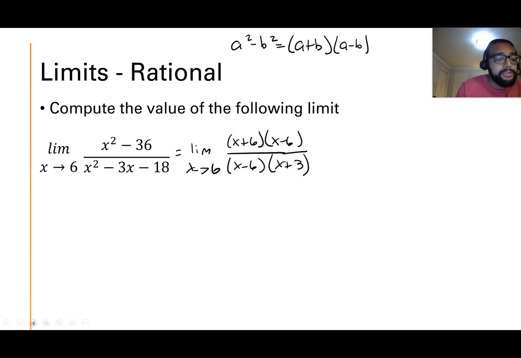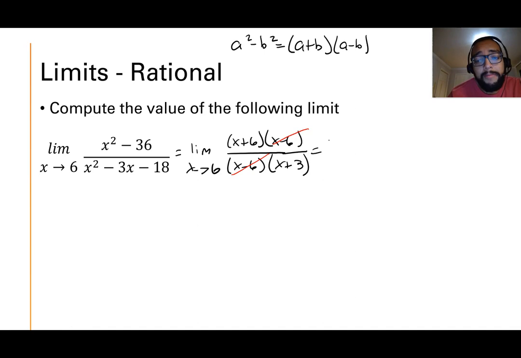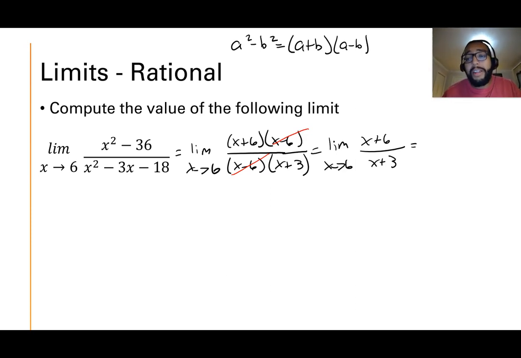If you're not struggling with factoring, you should have gotten x minus 6 and x plus 3. Boom, boom. We get our negative 6's to cross out. Now we get this limit as x approaches 6 of x plus 6 over x plus 3, which is great news because now we can just plug it in.